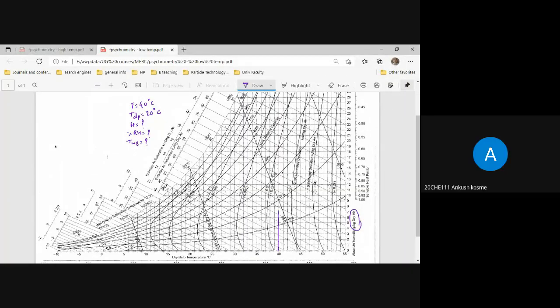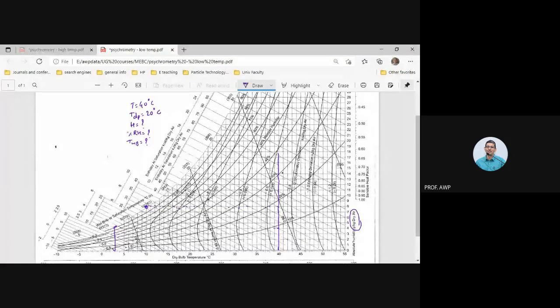Now, if I'm going to be somewhere along this line, if I'm here and I keep on cooling this air, air will become 100% saturated and water will start condensing out at this temperature, isn't it? If I am here and I cool, water will start condensing out at this temperature when it becomes 100% saturated.